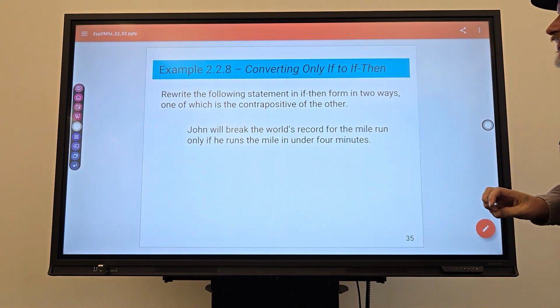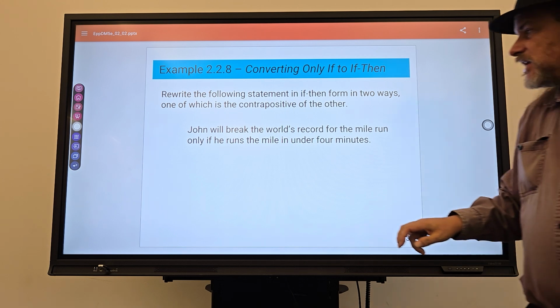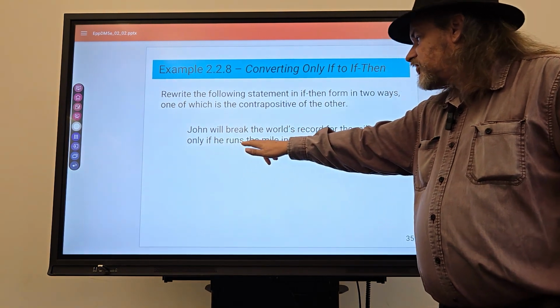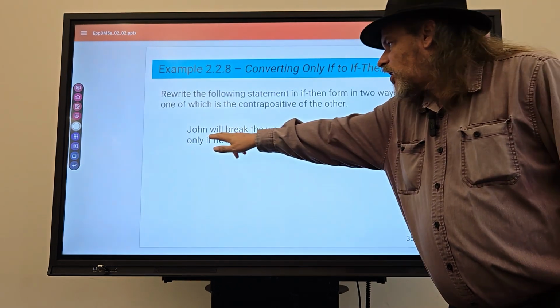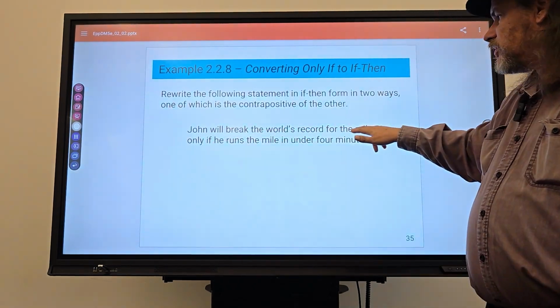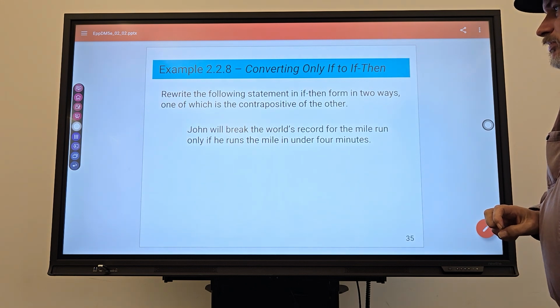So rewrite the following statement in if-then form in two ways, one of which is the contrapositive of the other. Okay. First, the contrapositive. Invert the statements and switch them around, right? So if John does not run the mile in under 4 minutes, John will not break the world's record for the mile.